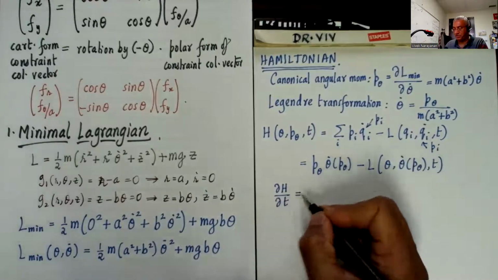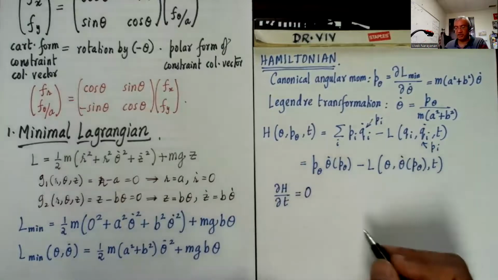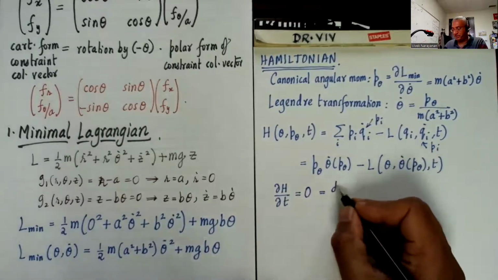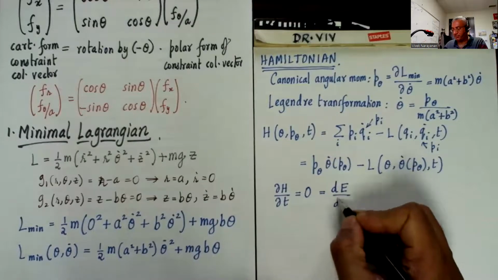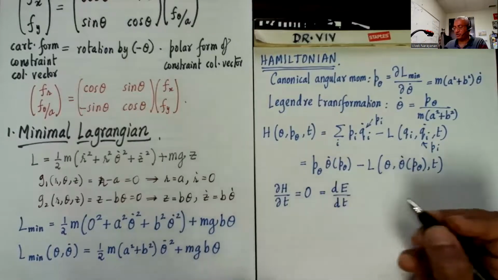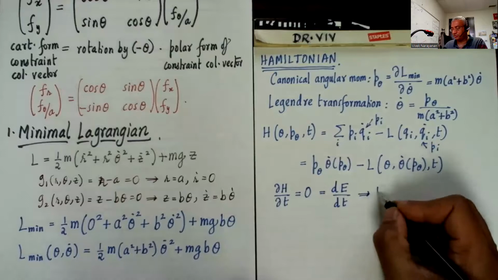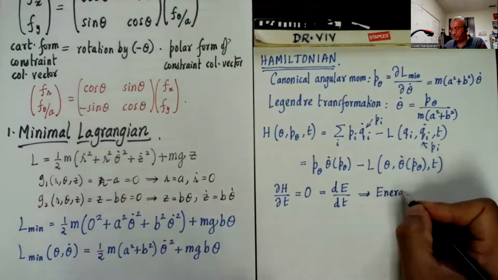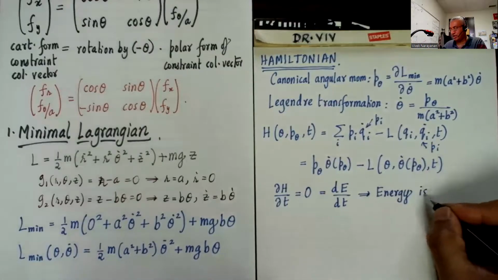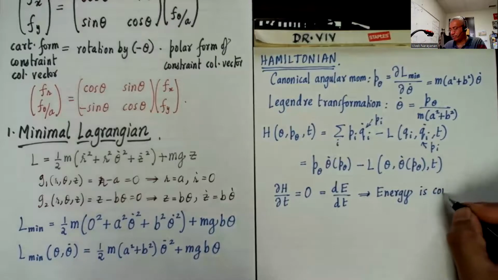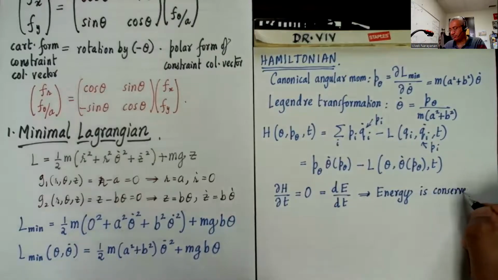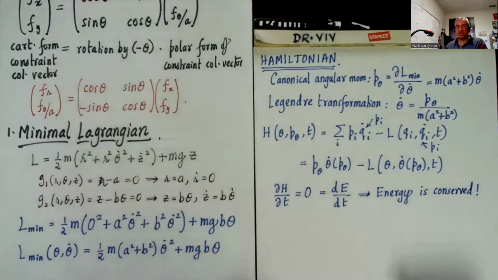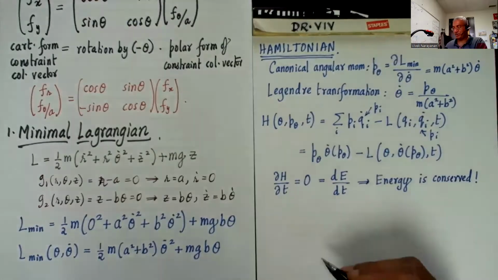So the Hamiltonian will not contain any time. This is actually a theorem in Hamiltonian dynamics. It tells you that dE by dt is 0, or the energy is conserved. Something you suspect in the problem of a smooth bead sliding down a spiral. You suspect that's true, and Hamiltonian mechanics assures you that's true.